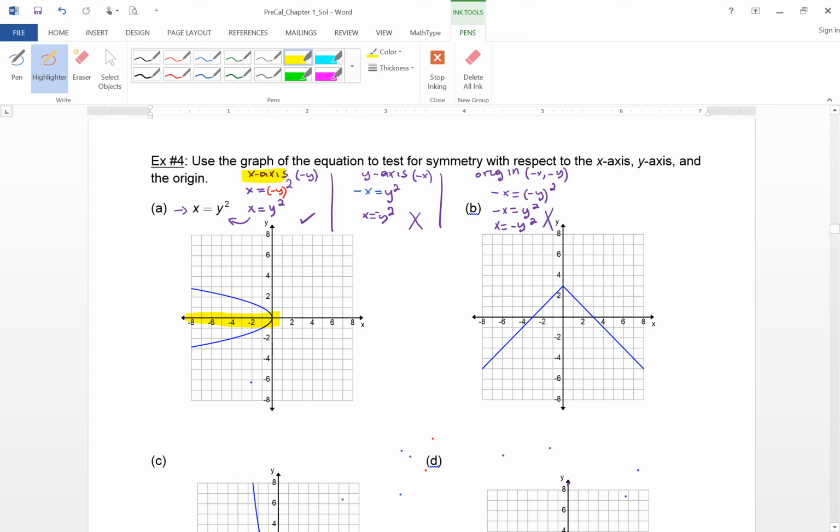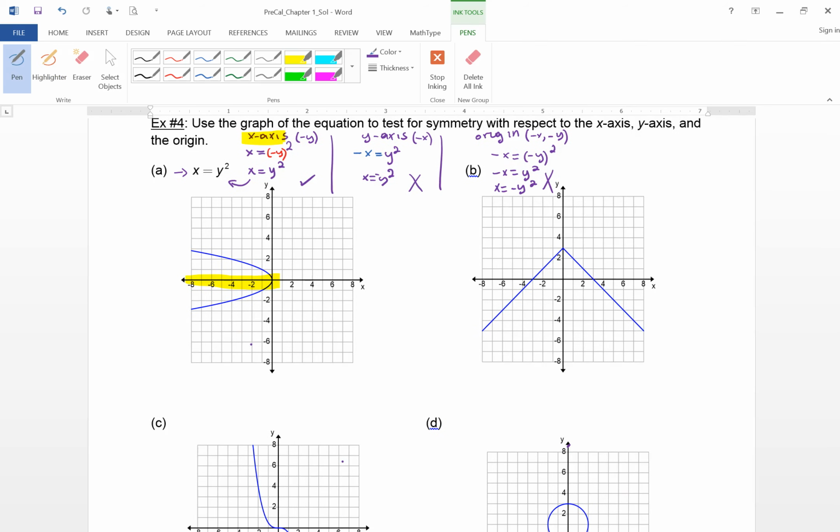So sure enough, the graph already tells you that it's symmetric with respect to the x-axis. All right, this one, we're not given the equation. We're just going to look at the graph, and you see that it's symmetric around the y-axis, right? So it's symmetric with respect to the y-axis.